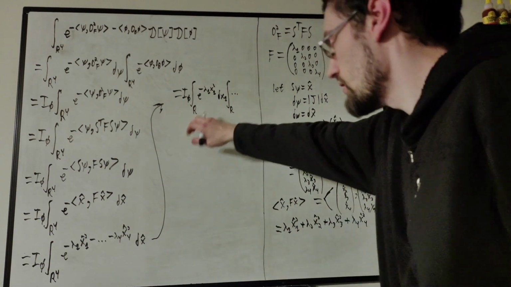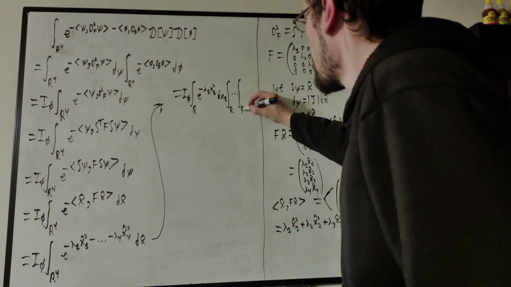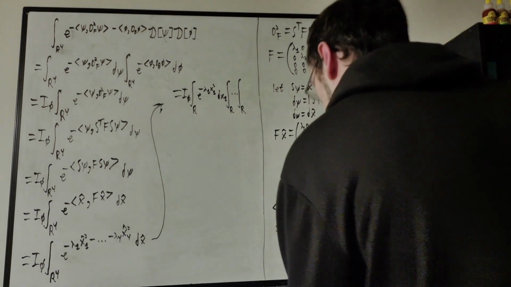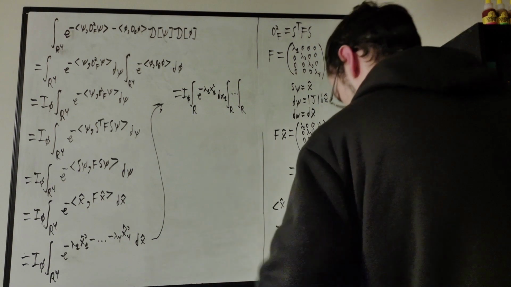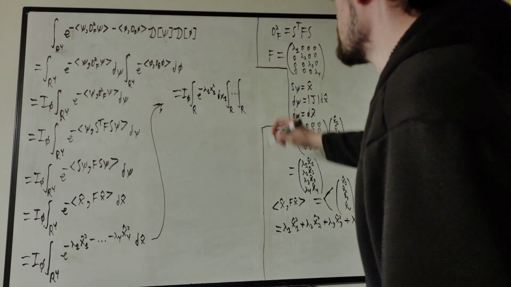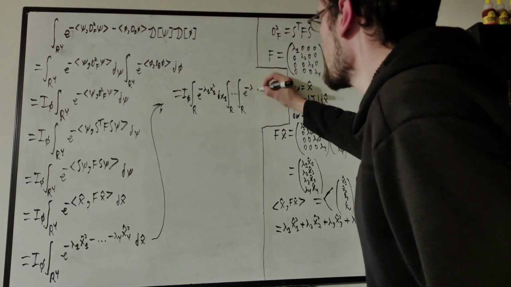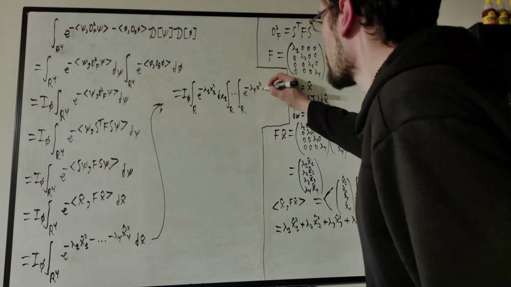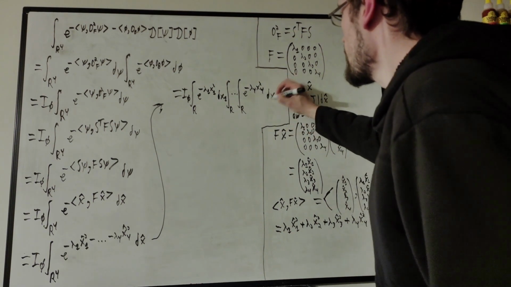So these are just going to be over the real numbers. Let's go ahead and make some more room here. e to the negative lambda sub 4 x sub 4 squared dx sub 4.